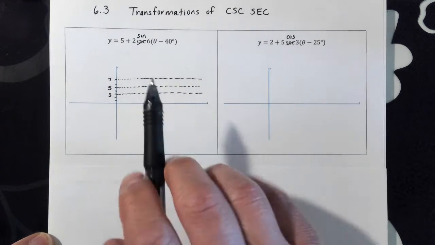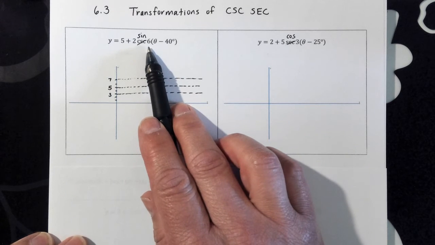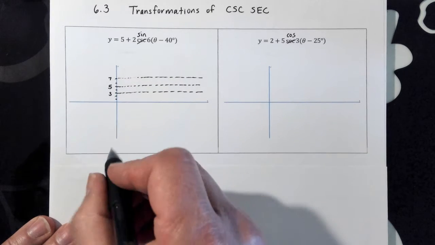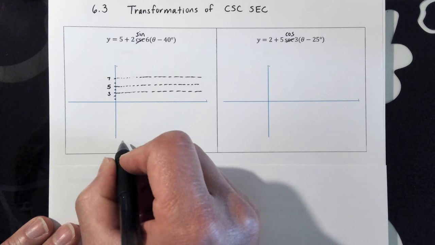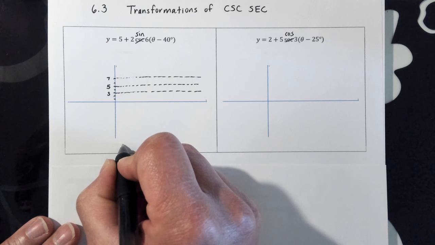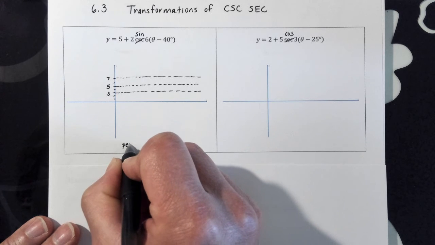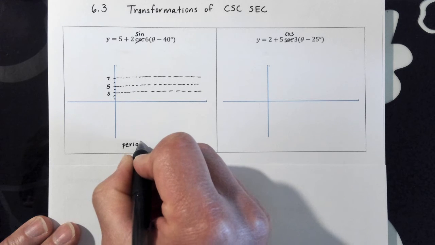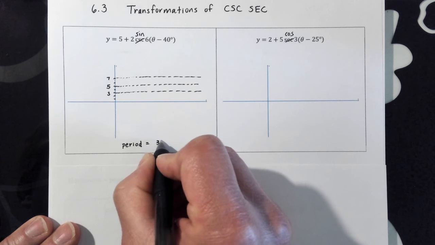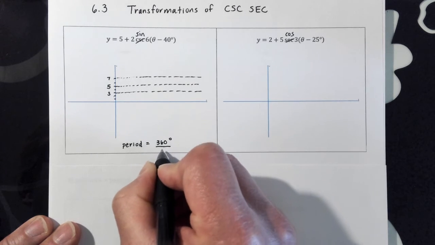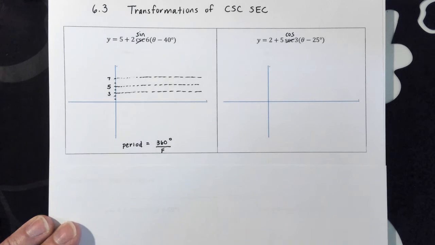Okay, and the frequency is 6, and if you recall, to find the period, you take 360 degrees and divide it by the frequency.